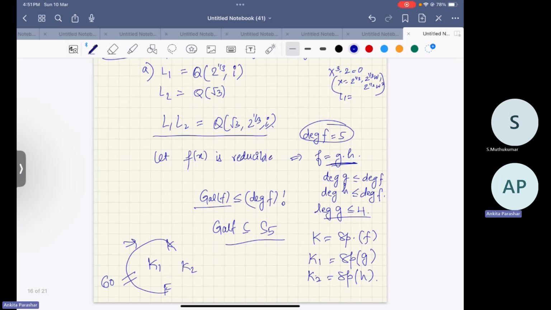Maximum. About this and this, what can you say? They have degree less than or equal to 4. So 4 and 15. Is it possible?